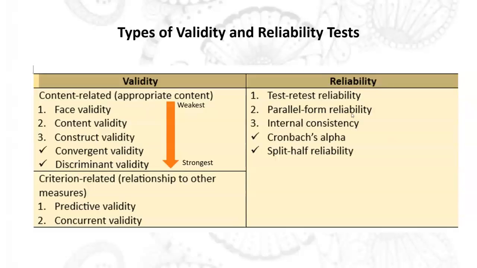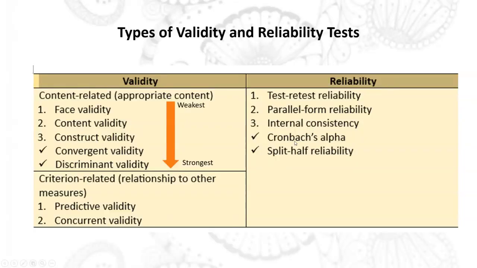So we need to develop another test. And as a course coordinator, I need to make sure both tests are comparable. So I will use the parallel form approach to make sure both are comparable and both are reliable. And another reliability test is internal consistency.